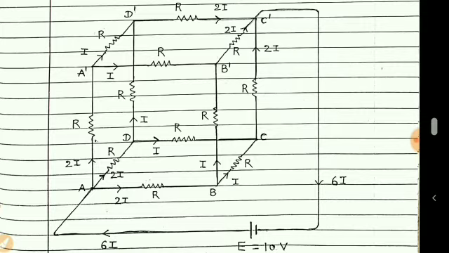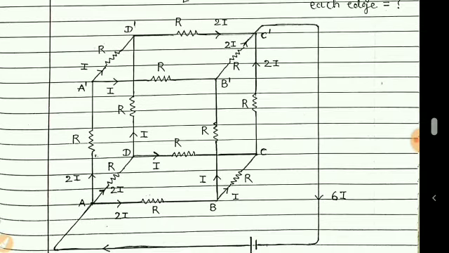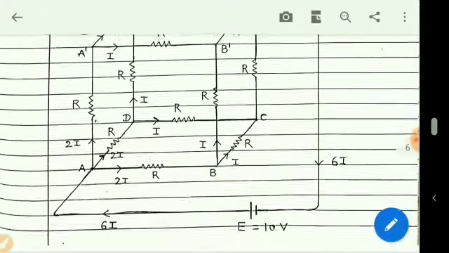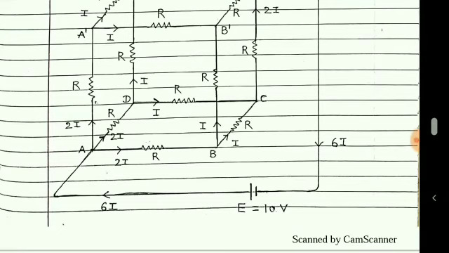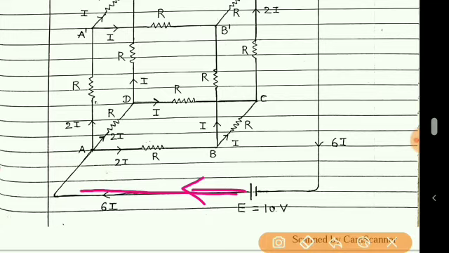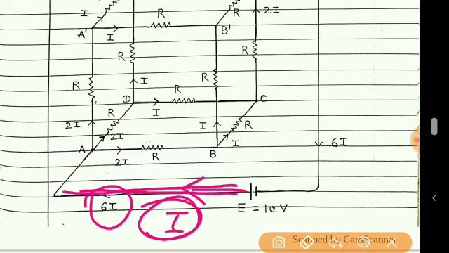Here a battery supplies the current. Now in this battery, the current always emerges from the positive. We used to take the current from the positive of the battery. So the current which is moving out of the battery can be taken simply as I, but I have taken that as 6I because it is our choice to take the symbol for the current, that is the symbol is I only, but how much current is coming out is actually not given here.